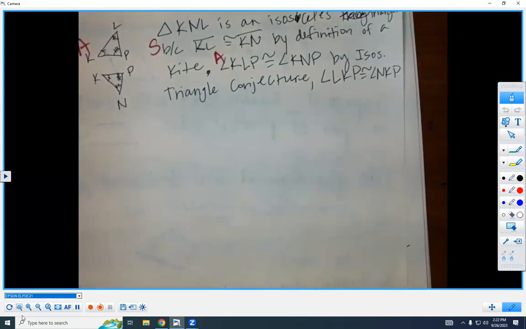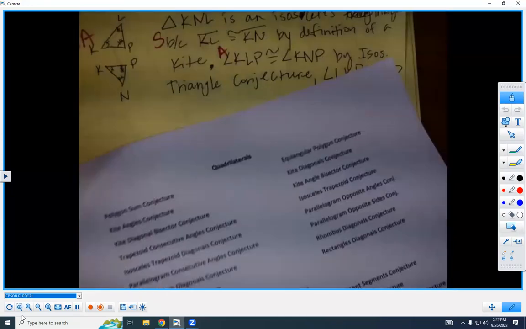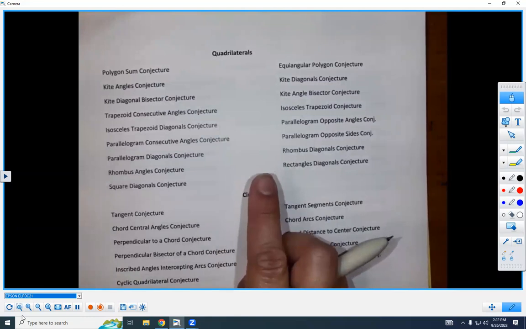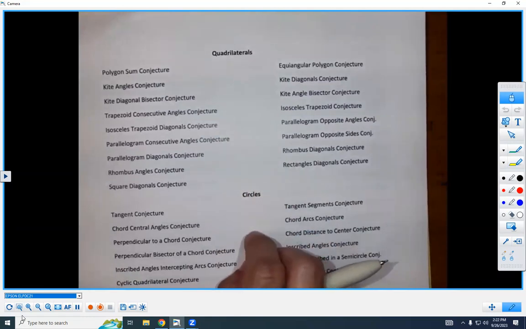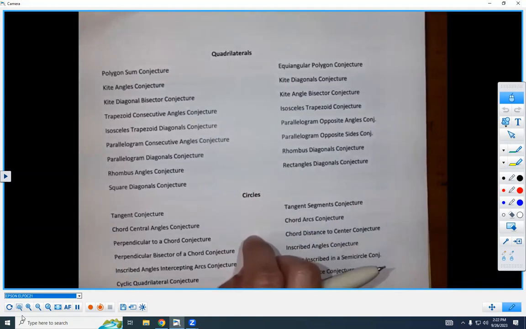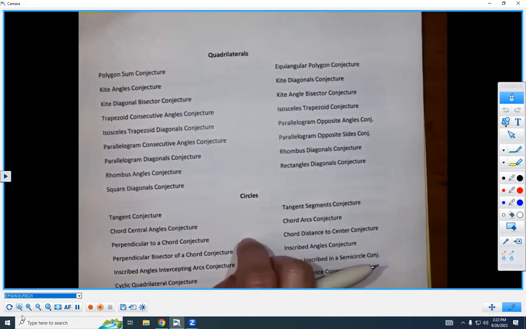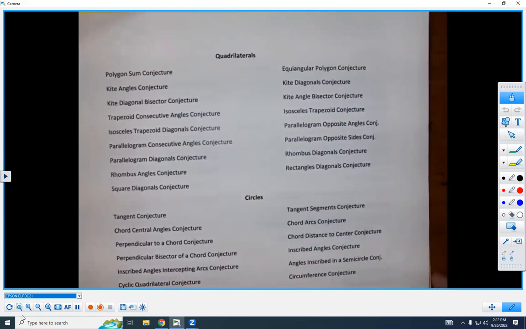Can you just prove it? We just proved it and it would be under quadrilaterals on the back. The kite diagonal bisector conjecture, or the one for the angles? Kite diagonals conjecture?